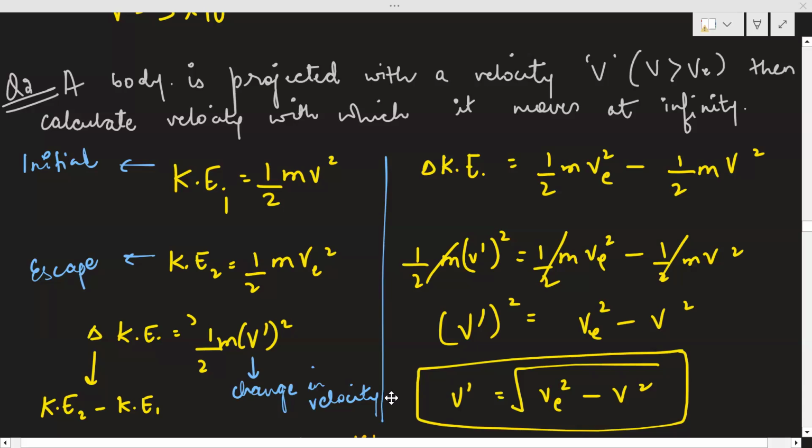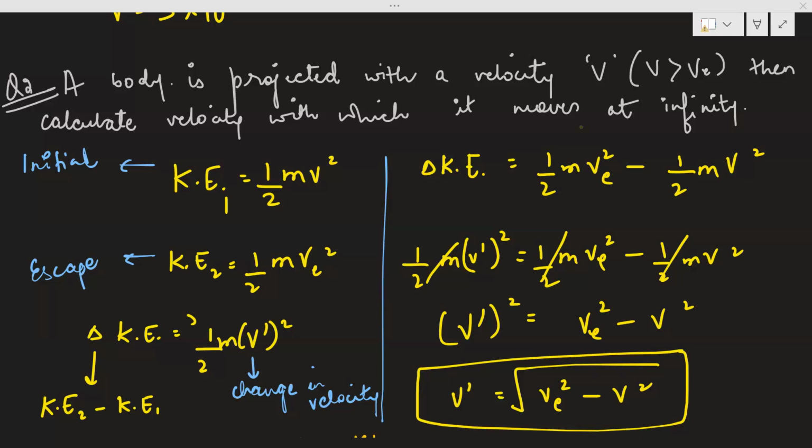Ma'am, this velocity is greater than escape velocity, right? In the question it's given. But the answer is coming. See, when you calculate kinetic energy, you always have a modulus.